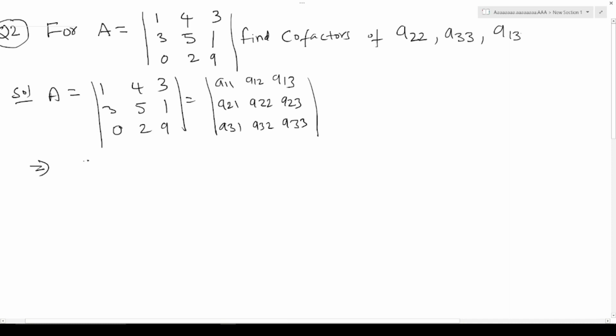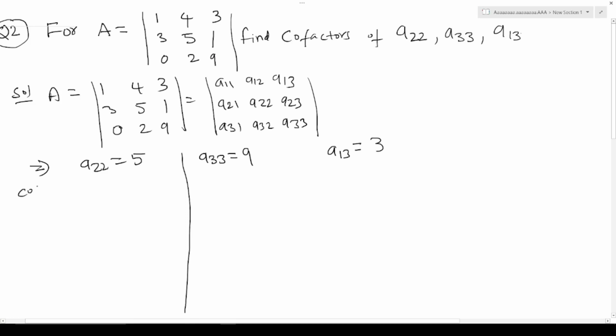This implies A22 equals 5, A33 equals 9 and A13 equals 3.